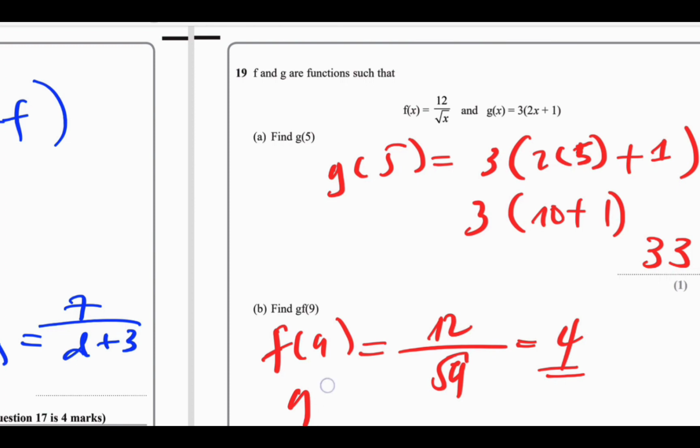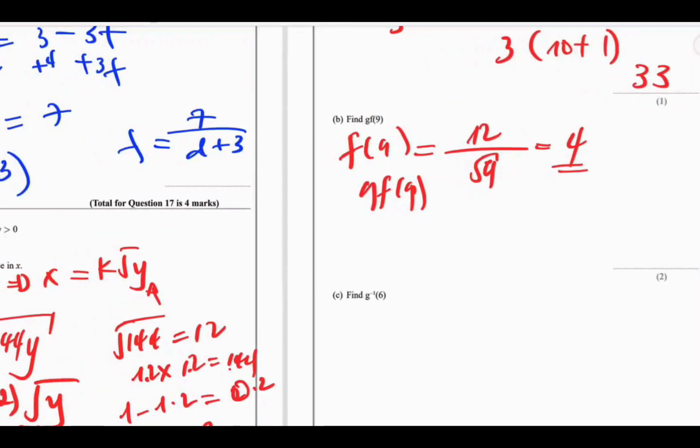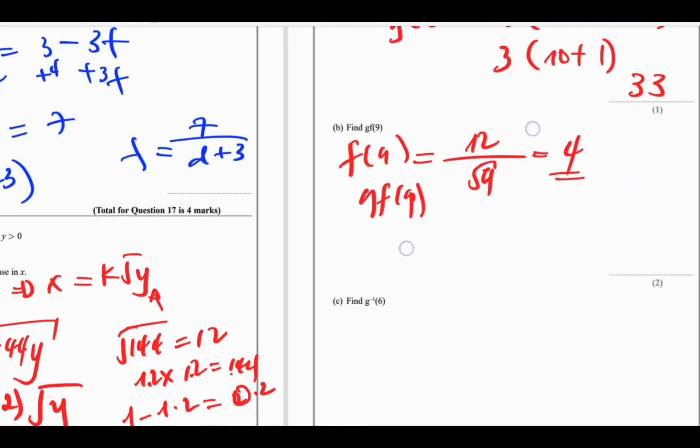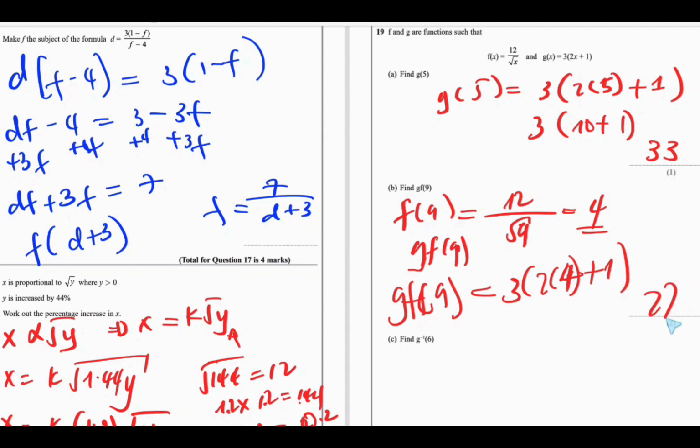Then you have g of f of 9, which would be equal to 3 brackets 2 times 4 plus 1. 2 times 4 is 8, 8 plus 1 is 9, 9 times 3, 27.